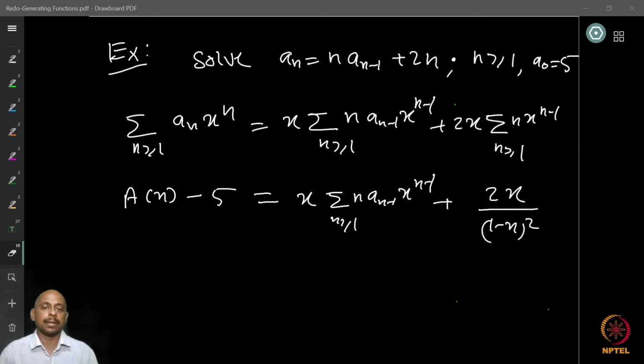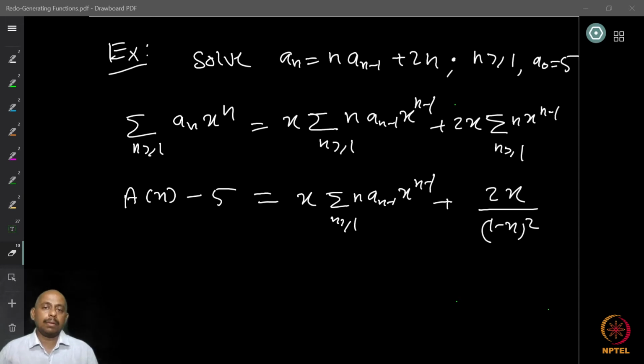So the summation over n greater than or equal to 1 of a_n x^n is equal to x times the summation over n greater than or equal to 1 of n a_{n-1} x^{n-1}, because we are just shifting to take the degree inside, plus 2x times the summation over n greater than or equal to 1 of n x^{n-1}, again taking one x outside.